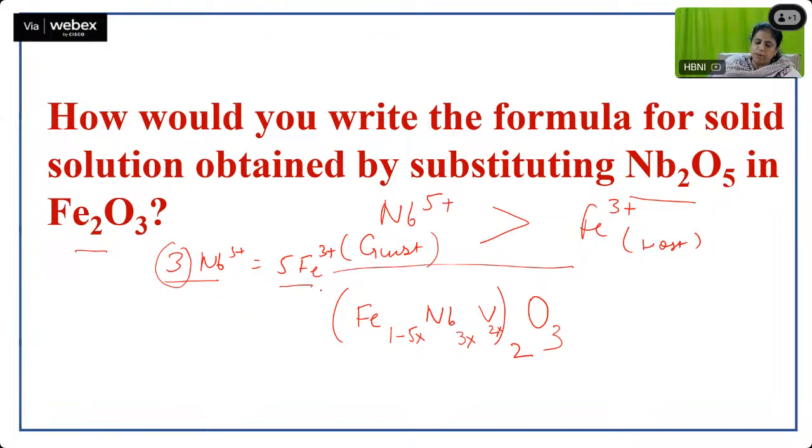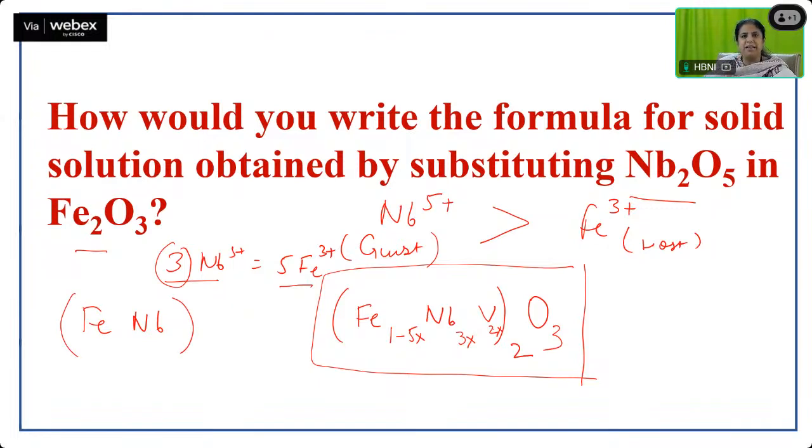And this is the nominal formula for the cation vacant solid solution that would be obtained by substituting Nb2O5 and Fe2O3. Okay. And how to write the anion excess? Again, when I'm talking of anion excess, I simply do not touch the cationic side. The only thing I remember is that in Fe2O3, for every iron, I have 3 by 2 oxygen because it is FeO1.5, right?